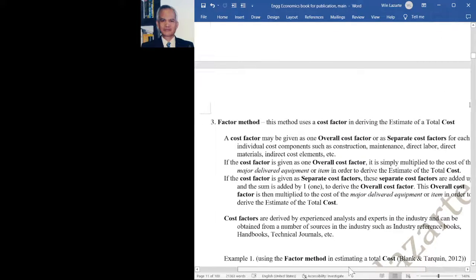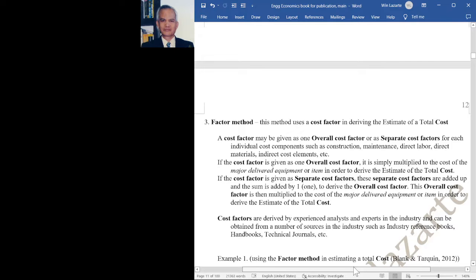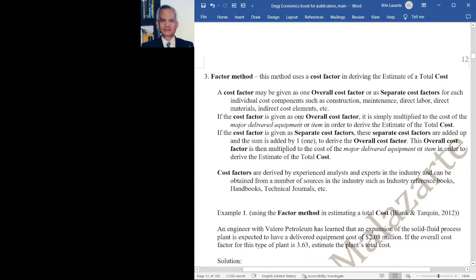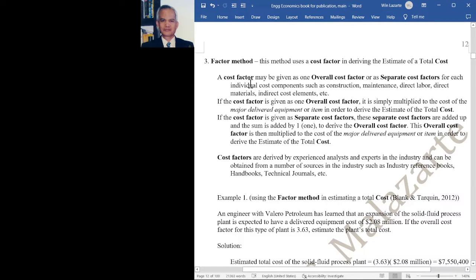Okay, another method called the factor method. This method uses a cost factor in deriving the estimate of a total cost. A cost factor may be given as one overall cost factor or as separate cost factors for each individual cost components such as construction, maintenance, direct labor, direct materials, indirect cost elements, and others.